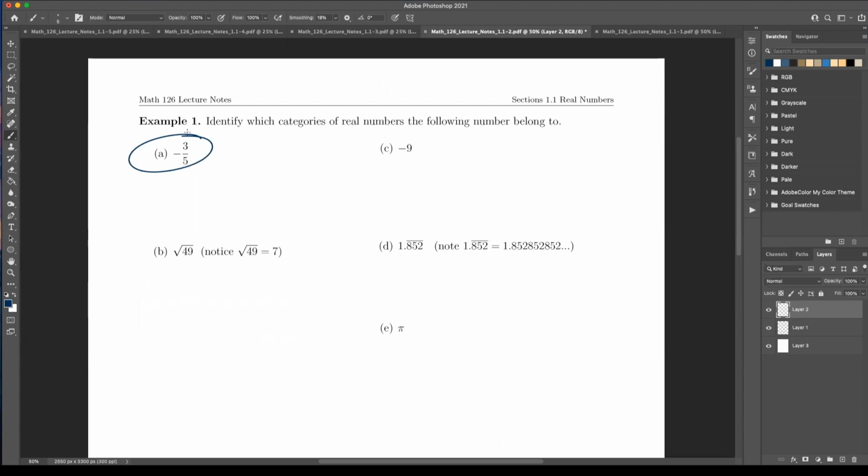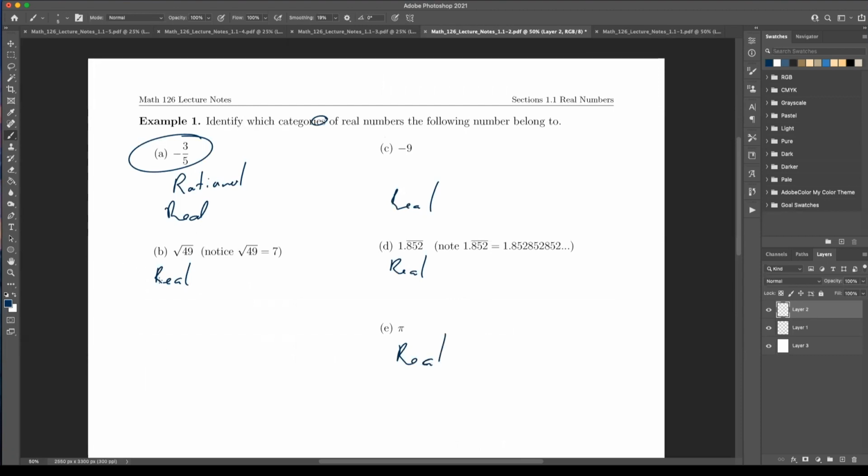Yeah, this is a rational number. And in fact, identify which categories. It's also a real number. All of these will be real numbers, so I'll just go ahead and fill that in everywhere. Real, real, real. Okay.